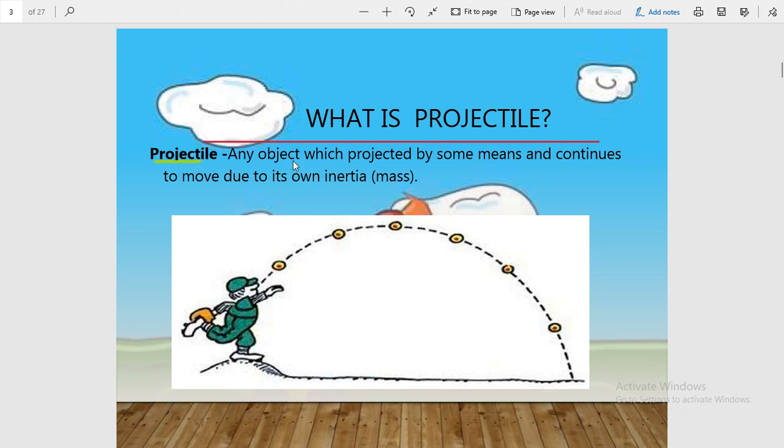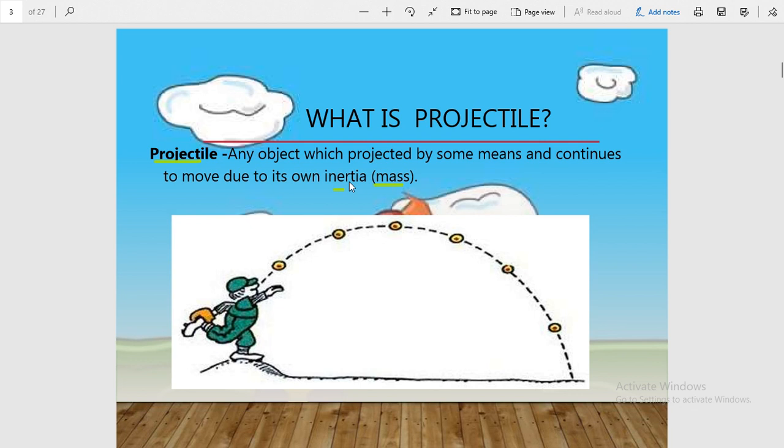Projectile: any object which is projected by some means and continues to move due to its own inertia. You know inertia is related to mass, so it is mentioned here. I hope you understand: any object which is projected by some means and continues to move due to its own inertia.